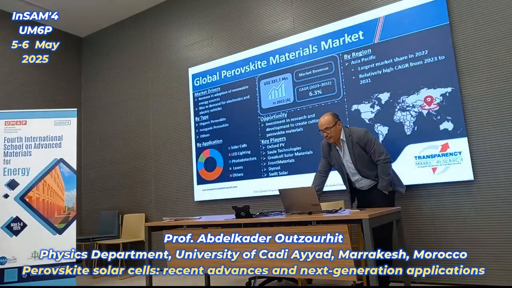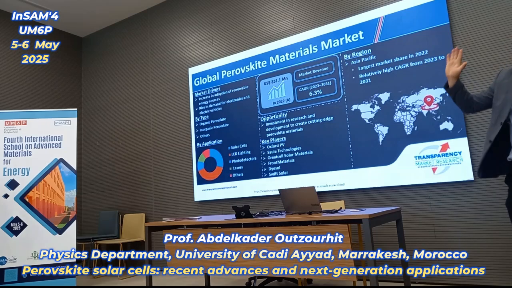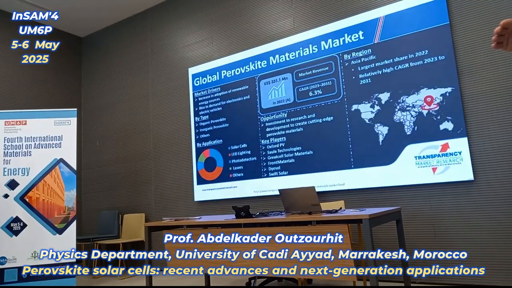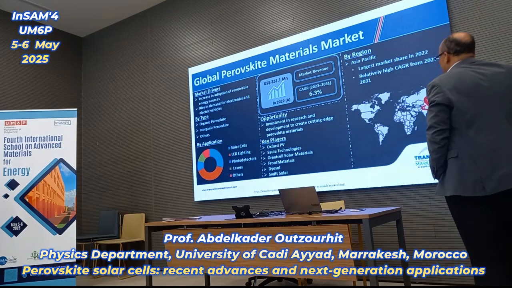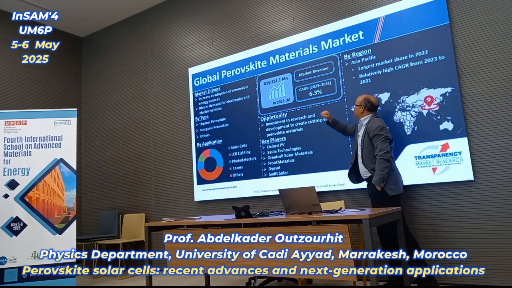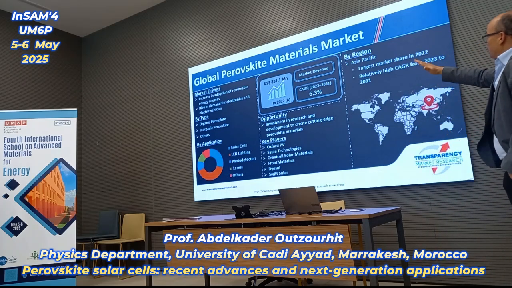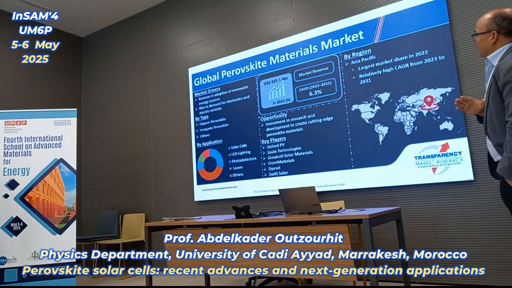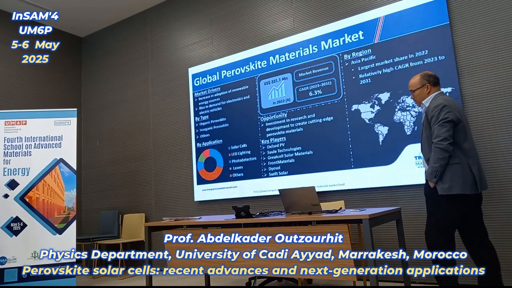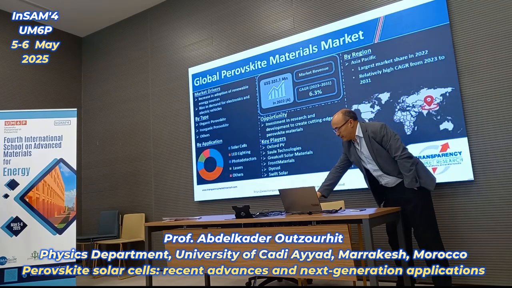So the global perovskite market is in constant increase, and it is projected to increase at a rate of 6.3% between 2023 and 2031. There are a lot of market drivers for this perovskite material market, like electric vehicles, and so on.